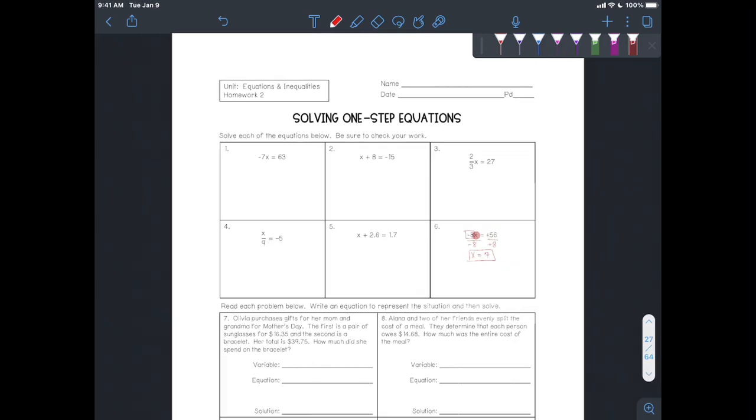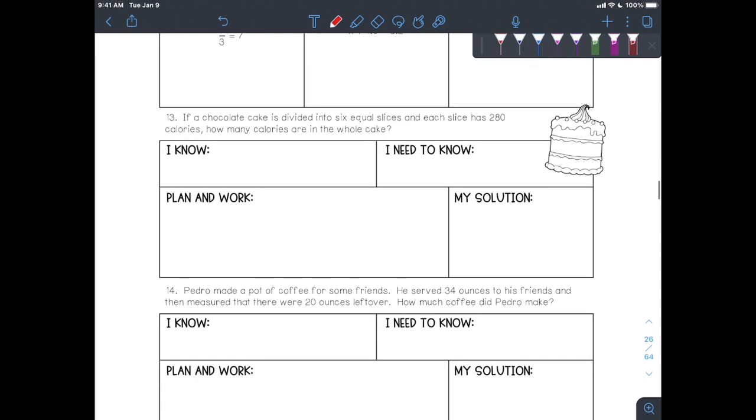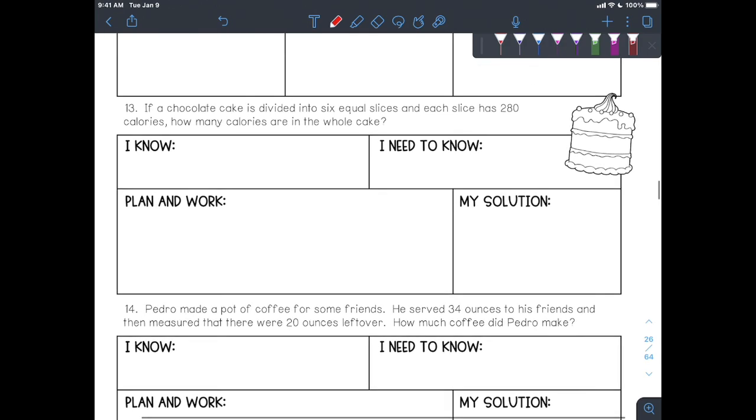Okay, so let me go ahead and do 2 of these word problems and I will send you guys on your way. So if a chocolate cake is divided into 6 equal slices, each slice has 280 calories, how many calories are in the whole cake? Okay, so we talked about dimensional analysis, which is way above this, right?